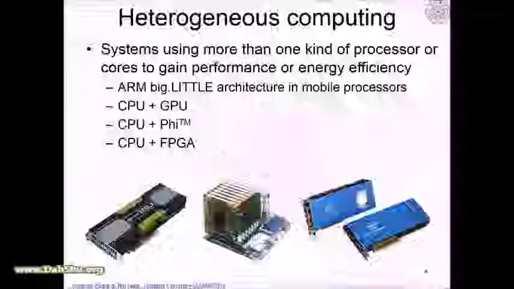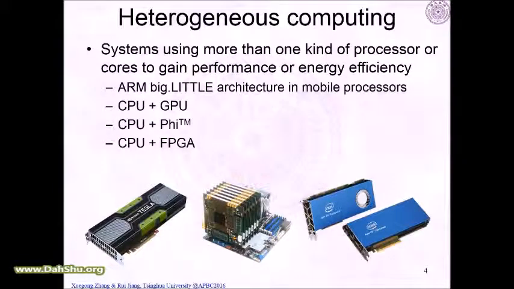And a more popular solution is so-called heterogeneous computing. Heterogeneous means they use different computing structures to solve the same problem. A very representative example is that conventional computing depends on the CPU, the central processing unit in the computer.